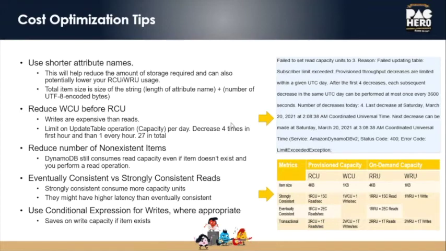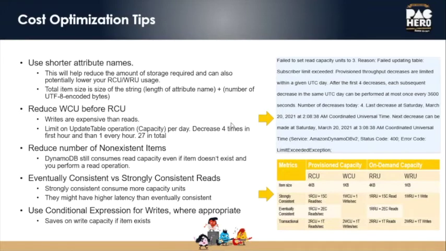Now, if you breach, or if you try to update the table, let's say in the first hour 5 times, you'll get a message, the one I've shown on the right-hand side, that it failed to provision that capacity, or decrease in this case, to decrease the capacity because you breached the 4 decreases in an hour.